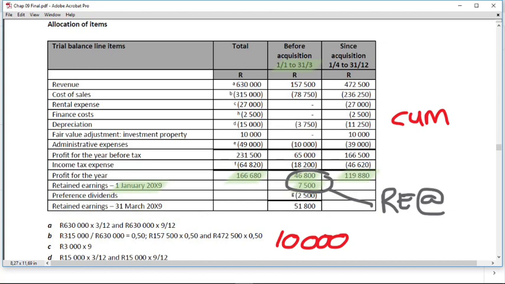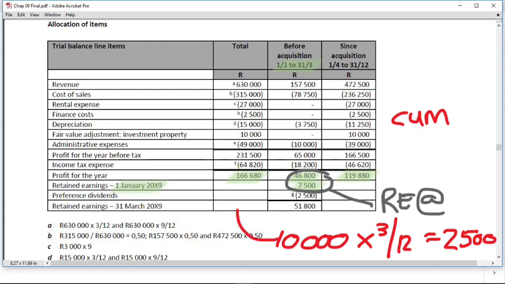But preference dividends accrue over time. So the preference shareholders at acquisition date are already entitled to 3 months of that annual preference dividend. So that 10,000 multiplied by 3/12 gives you 2,500 Rand. That 2,500 Rand is not attributable to the ordinary shareholders.